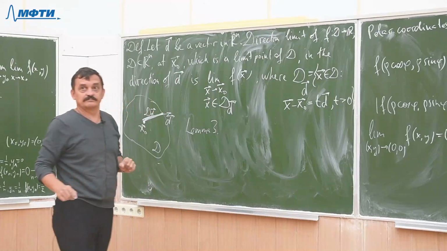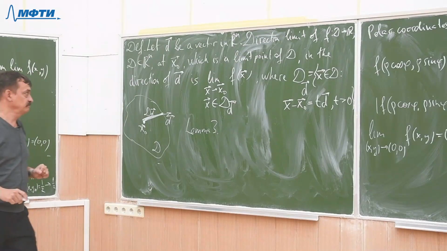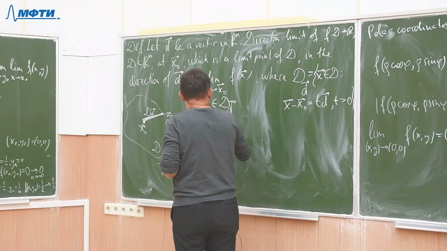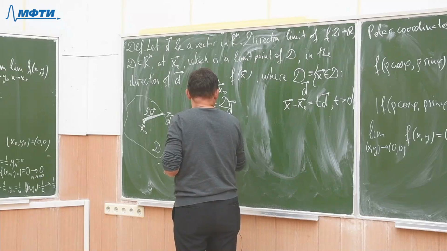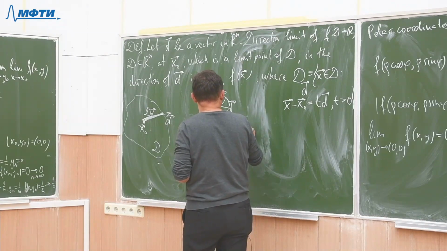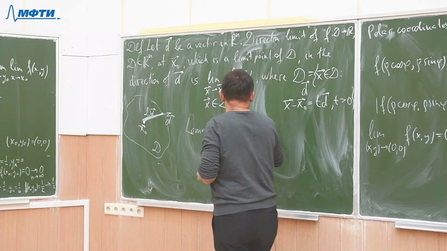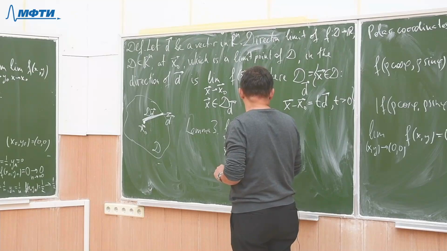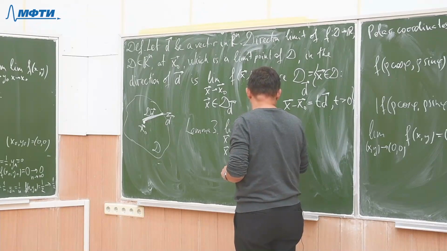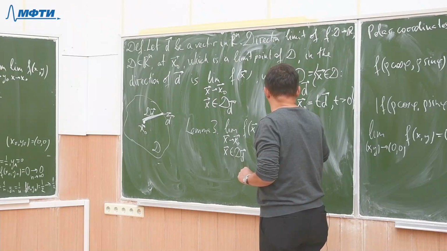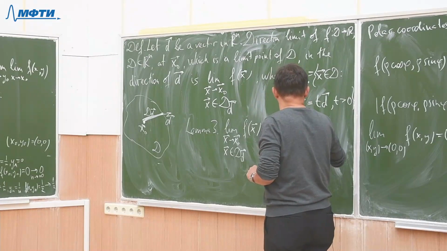In this section. Lemma 3. The direction limit can be computed also as a one-sided limit of a function of one variable, as t tends to 0 plus of f of x naught plus t d.